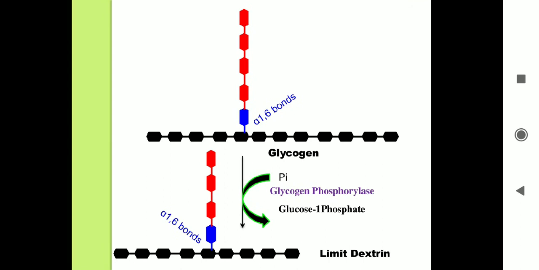Okay, so here you can see this is the pathway for glycogenolysis. As I told you, it starts from glycogen, right? It has an alpha 1,6 bond, you can see there is a branch. Then the glycogen phosphorylase enzyme acts on that glycogen and forms glucose 1-phosphate. So you can also call it a limit dextrin, right?